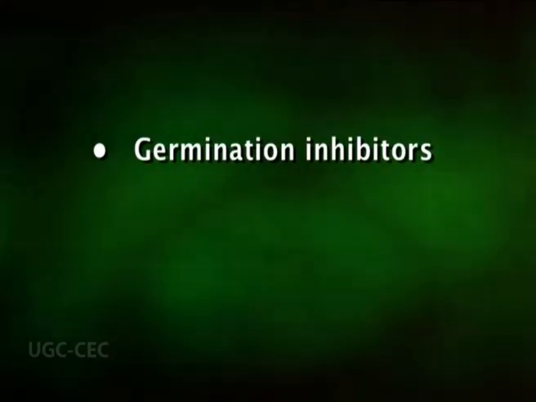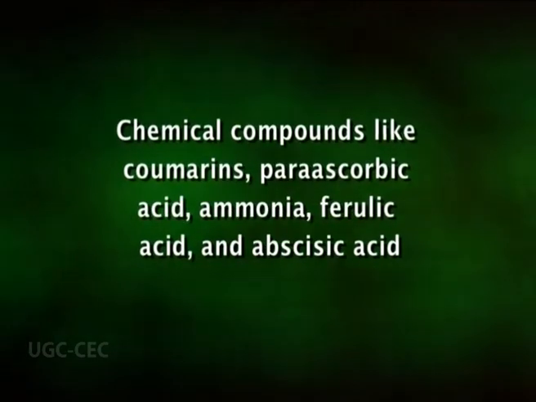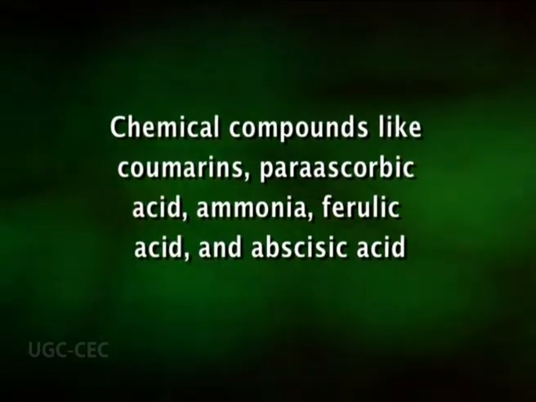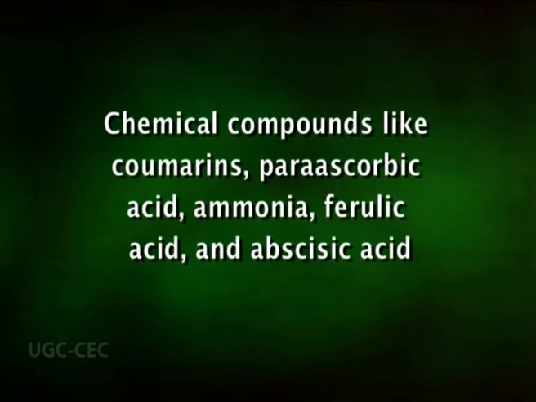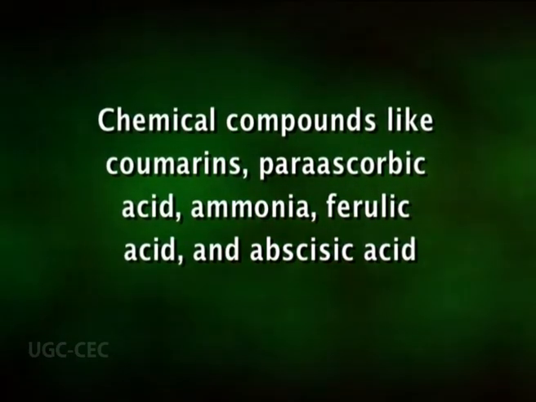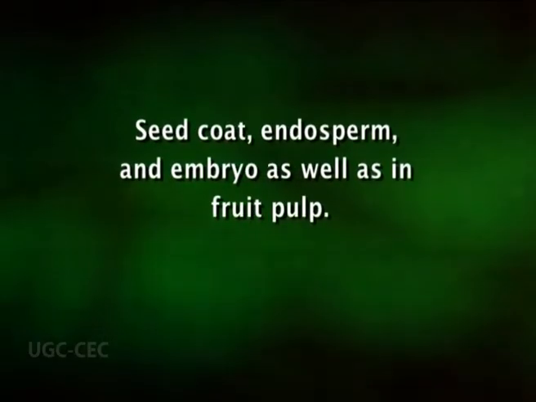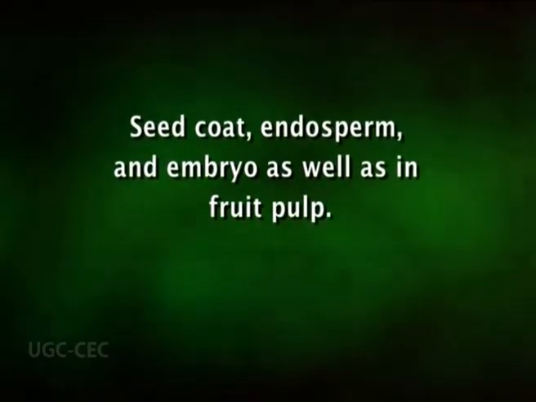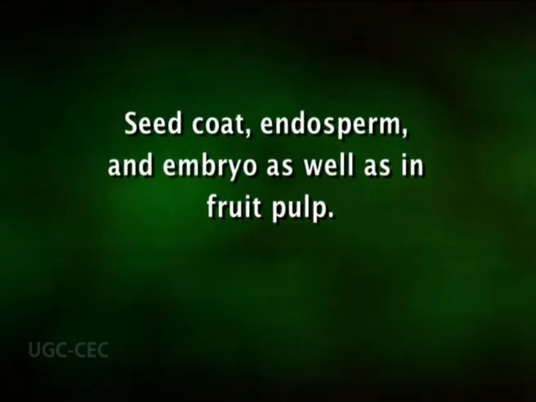Germination inhibitors can be the other reason. Some chemical compounds like coumarins, parasorbic acid, ammonia, ferulic acid and abscisic acid inhibit the plant growth in general and germination of seeds in particular. These natural germination inhibitors occur in seed coat, endosperm and embryo as well as in fruit pulp.